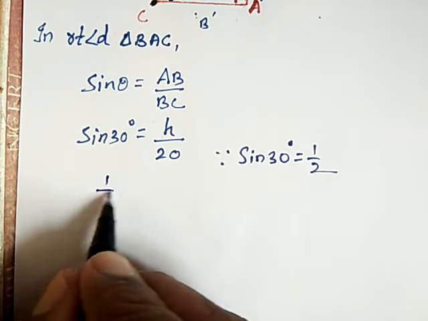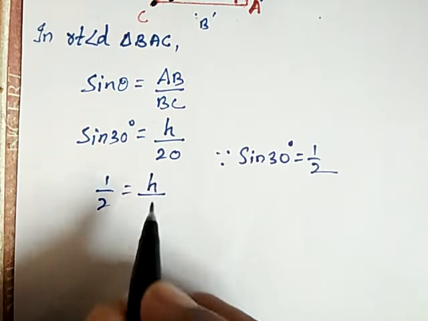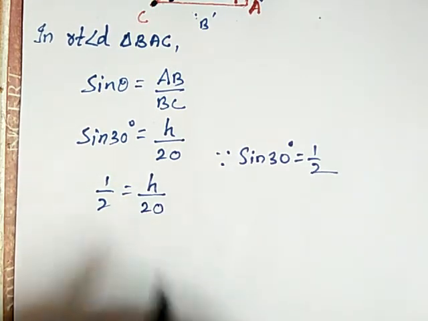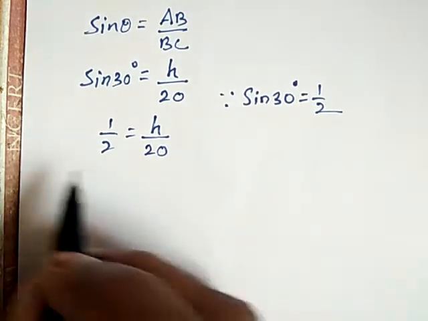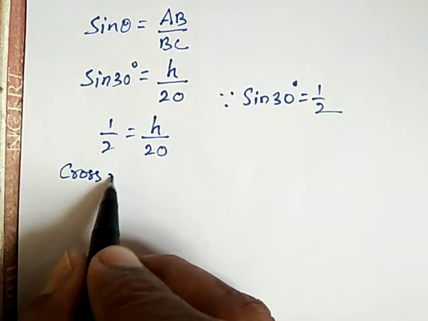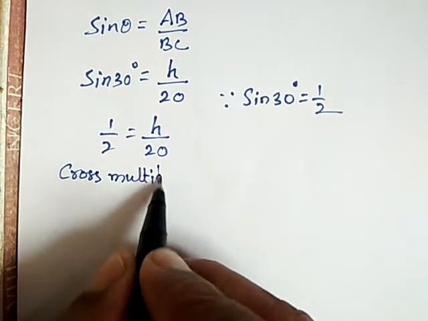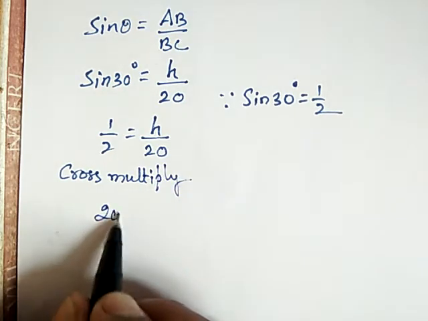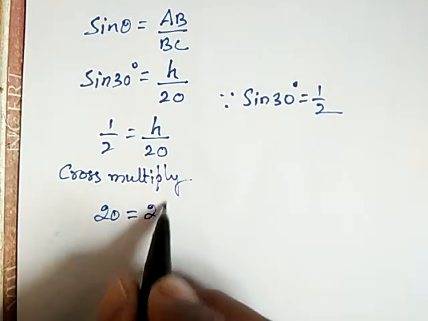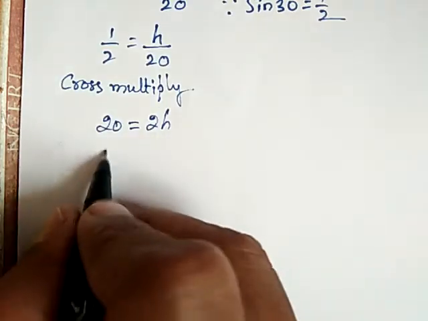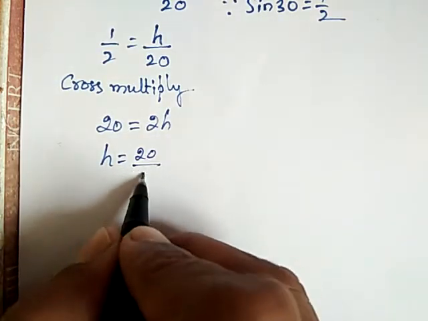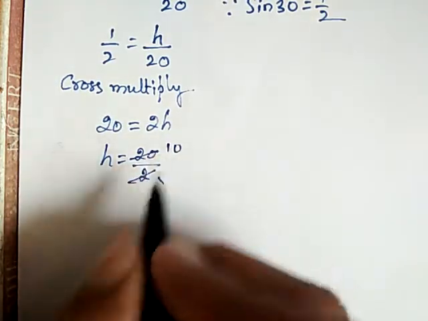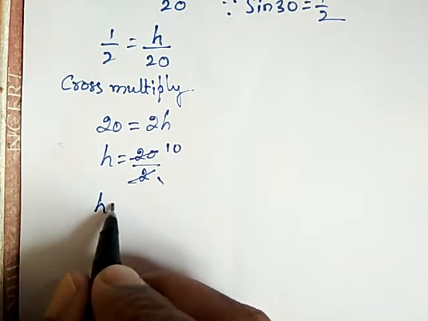So 1 by 2 is equal to h by 20. Cross multiply here, you will get 20 is equal to 2h, or h is equal to 20 by 2, so h is equal to 10.